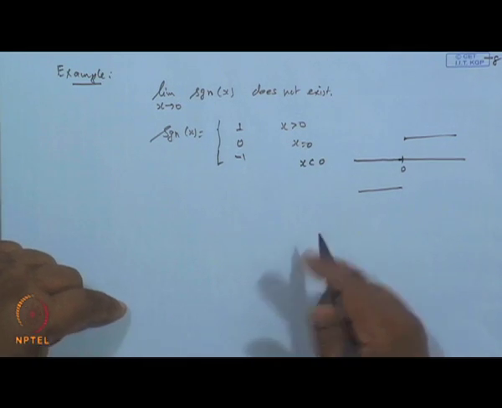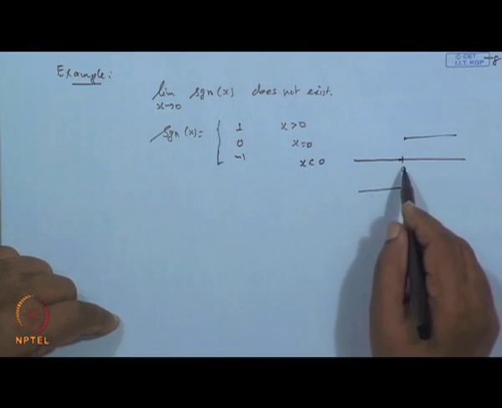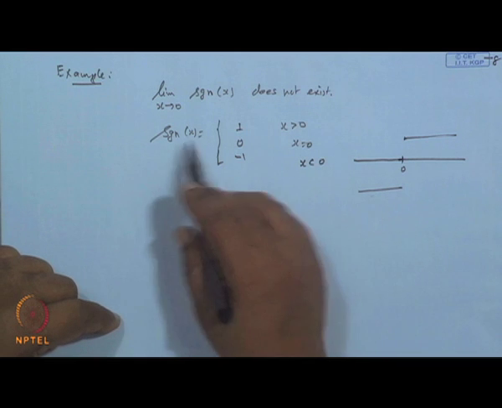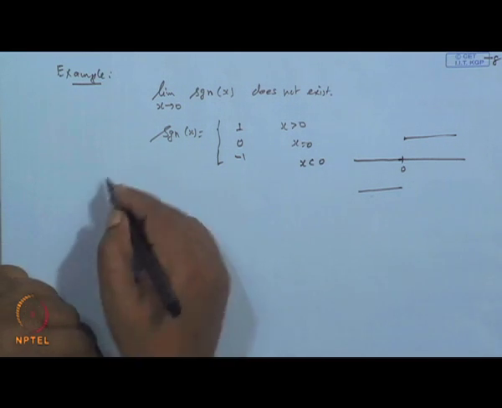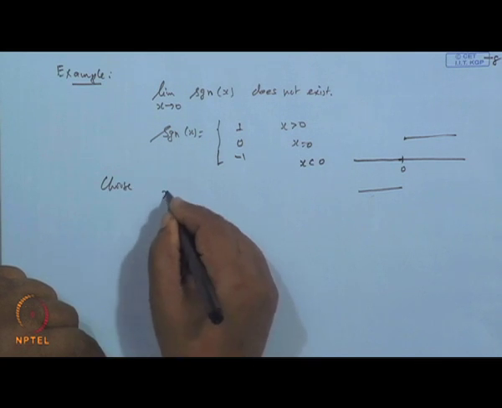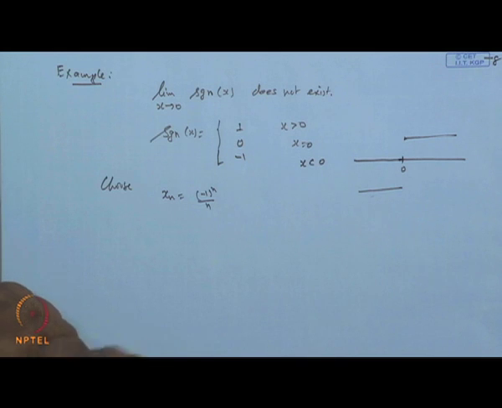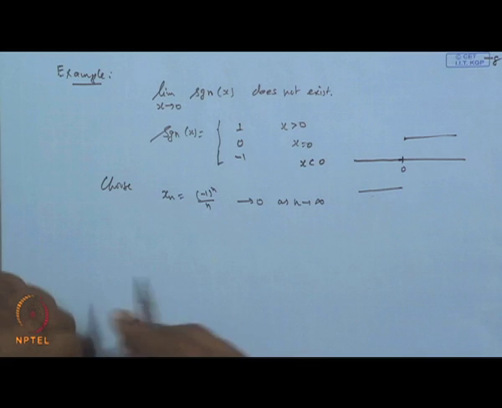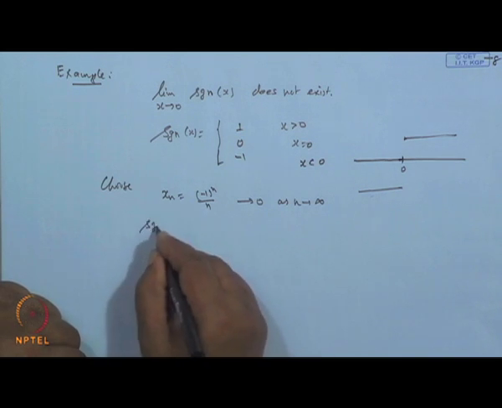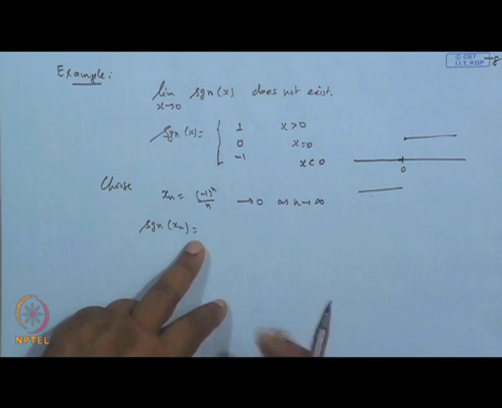Let us see why. If I take a sequence x n which goes to 0, but the corresponding signum of x n does not go to 0. So, let us choose the sequence x n as (-1) to the power n divided by n. Obviously, this sequence will go to 0 as n tends to infinity. What is the signum of x n?